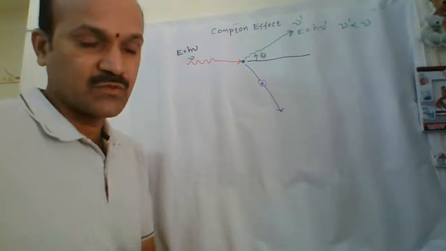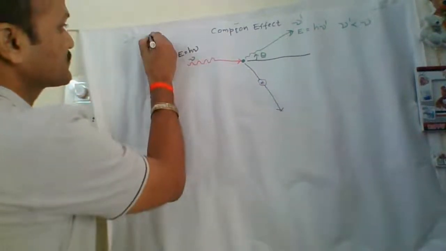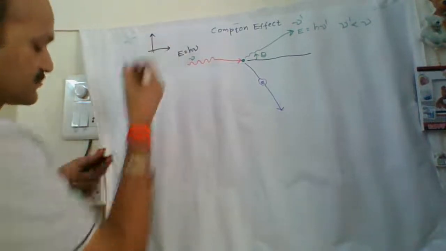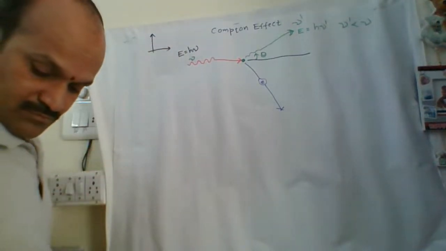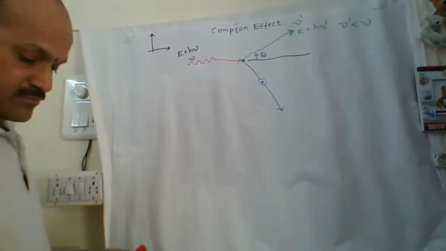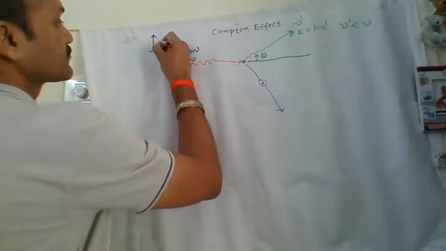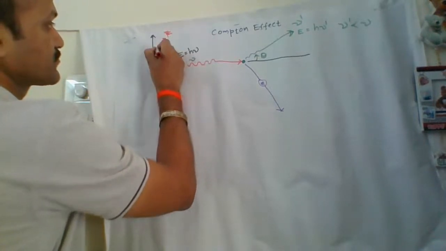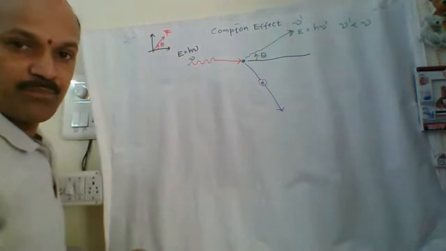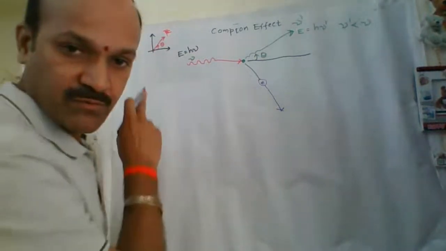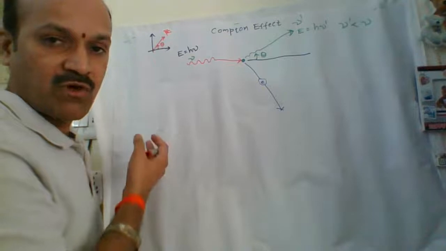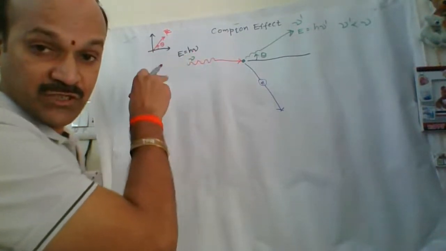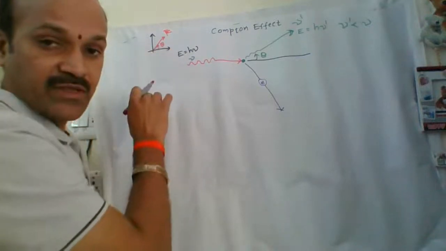Just for a small revision, take a vector F. If you resolve it into components along the axis with which it is making angle theta, that will be cos.